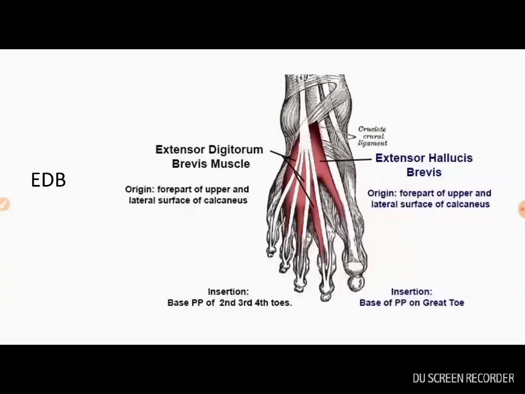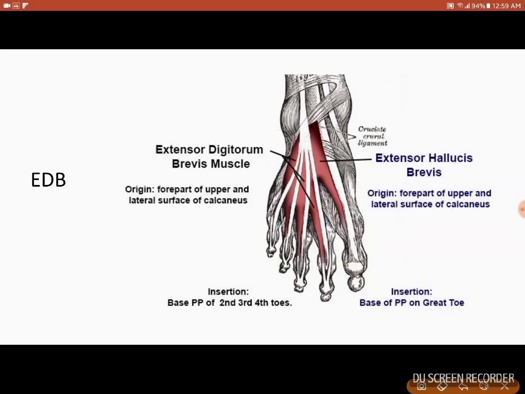Next, on the muscle. Based on anatomy, according to Snell, the only muscle found in the dorsum of the foot is your extensor digitorum brevis. But if you check other anatomy books and kinesiology books, you have your extensor hallucis brevis.